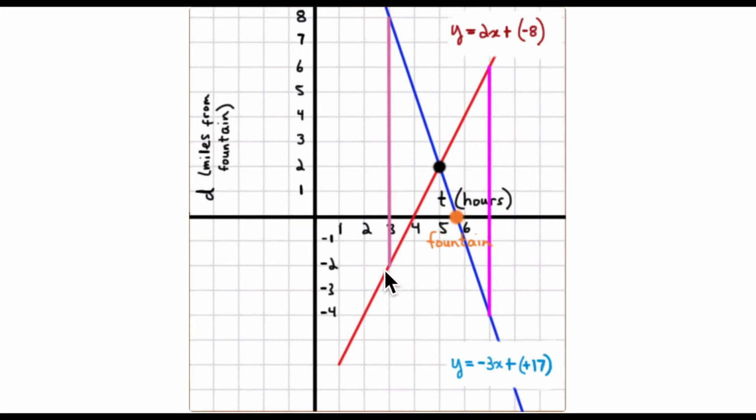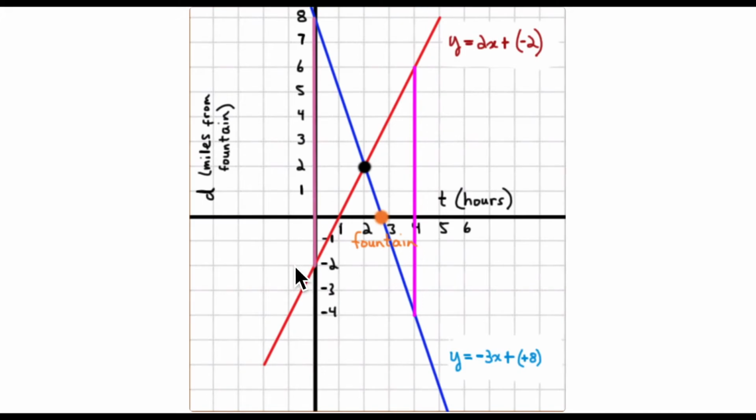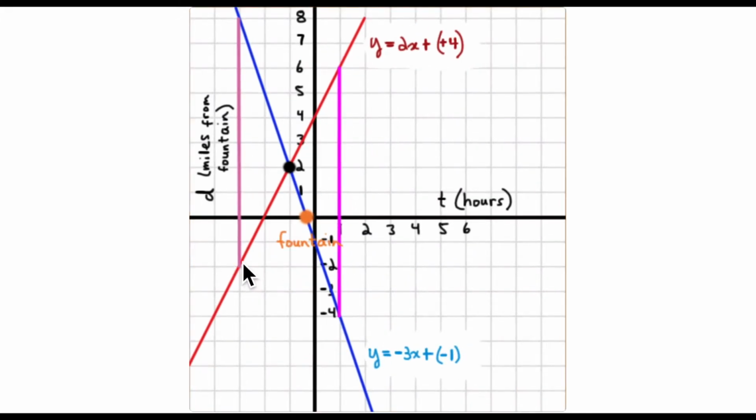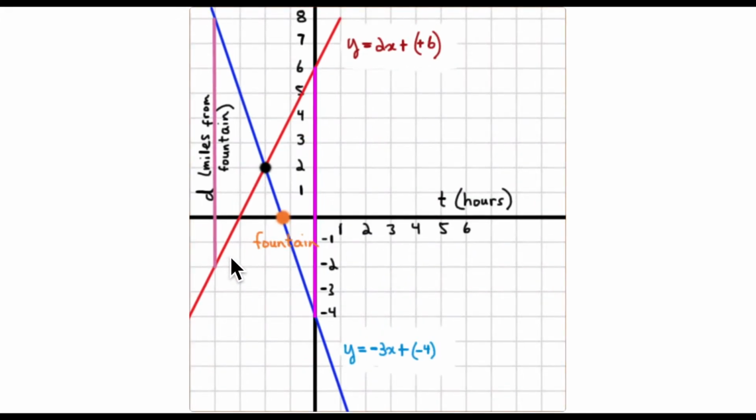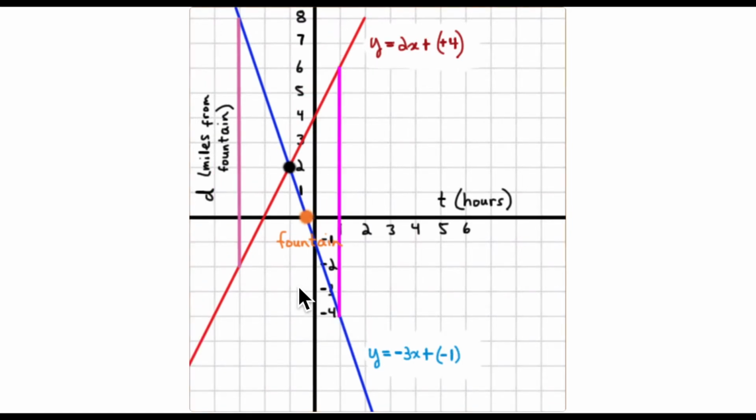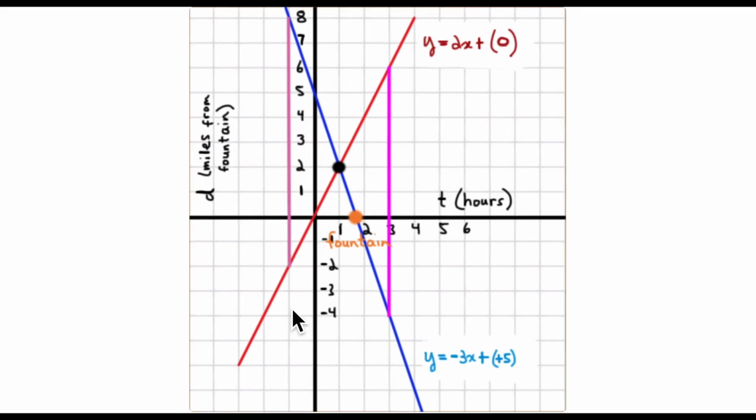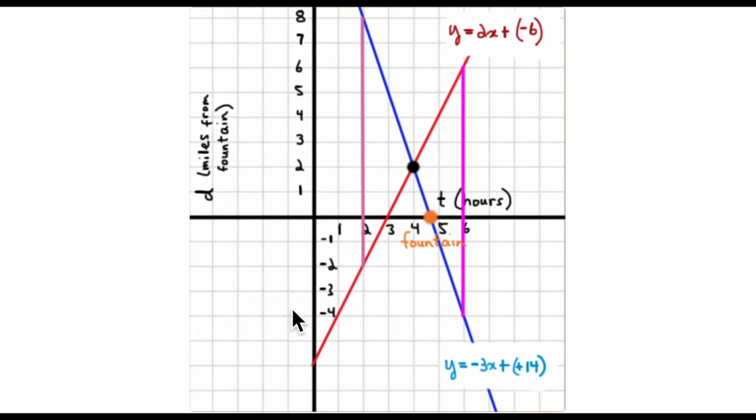And again, that remains the same all the way throughout. After they pass the house, sister number 2 is now 4 miles from the fountain and 6 miles from the house. And sister number 1 is 6 miles from the fountain and 4 miles from the house. So it shifts, it switches.